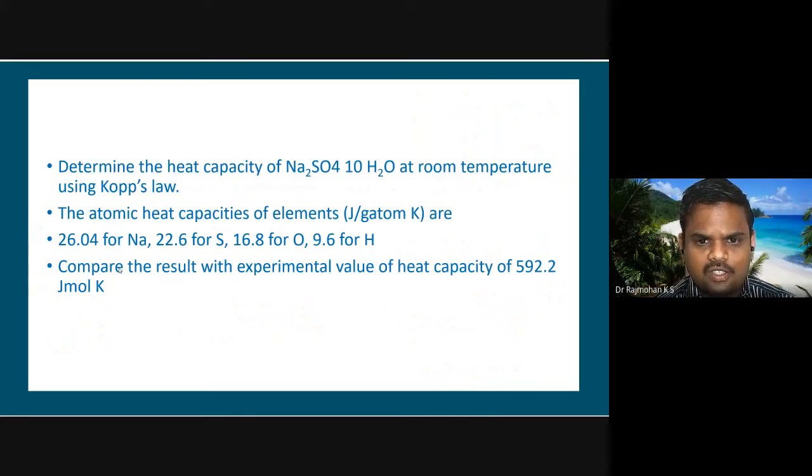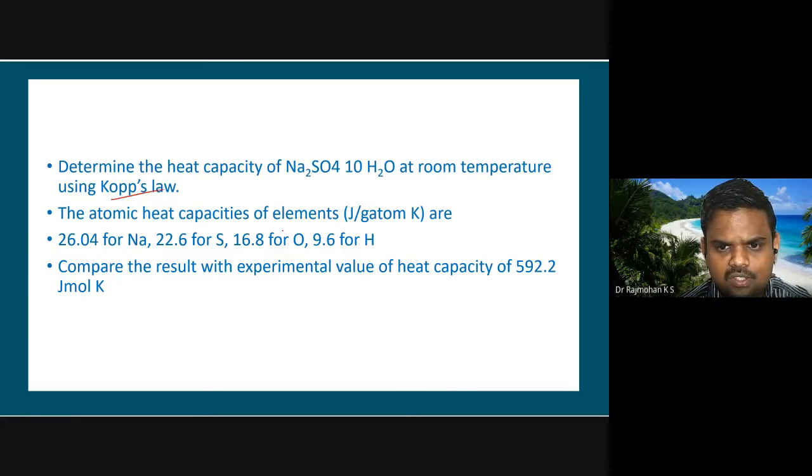Okay, so next question. Determine the heat capacity of sodium sulfate 10H2O hydrate crystals at room temperature using Kopp's law.